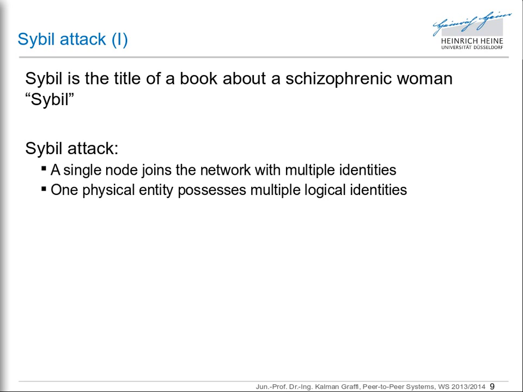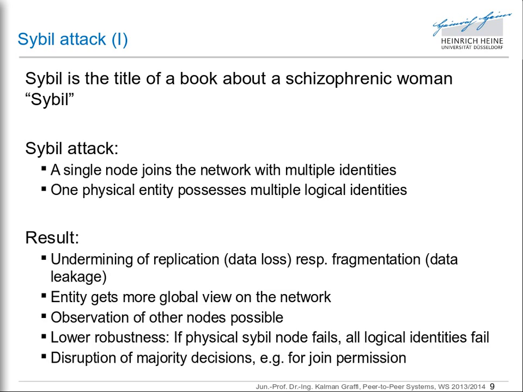The idea of the Sybil attack is that a single node joins the network with multiple identities. So we have one physical entity, and this possesses multiple logical identities. The result is an undermining of replication, which leads to data loss and fragmentation, so this leads to data leakage.